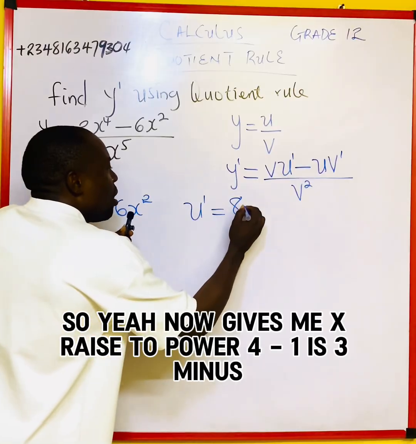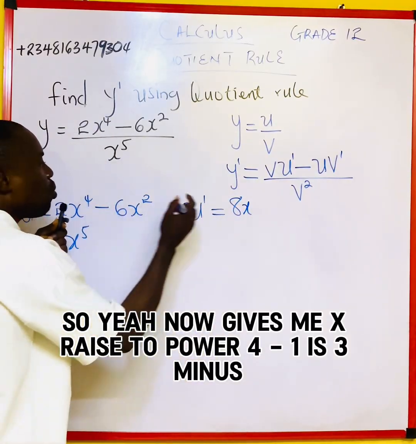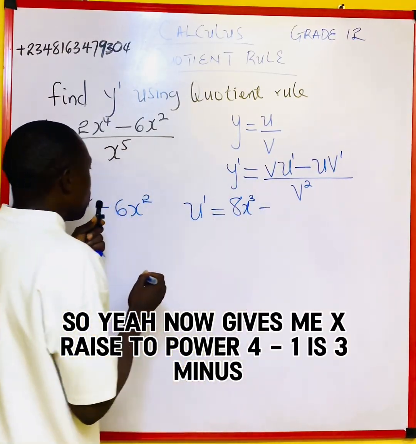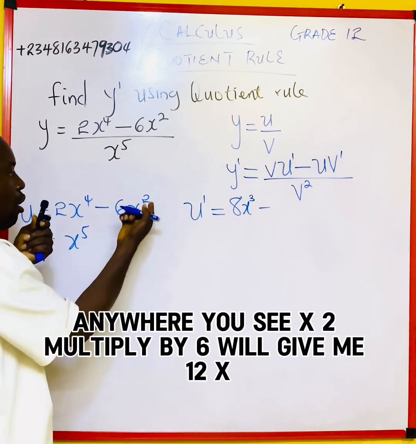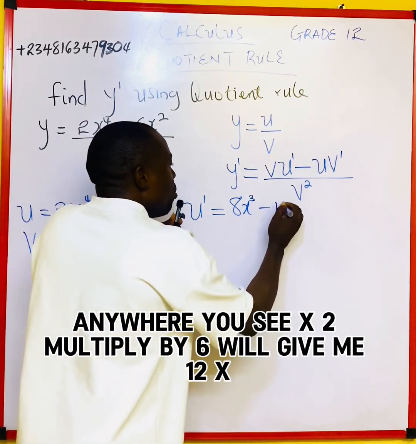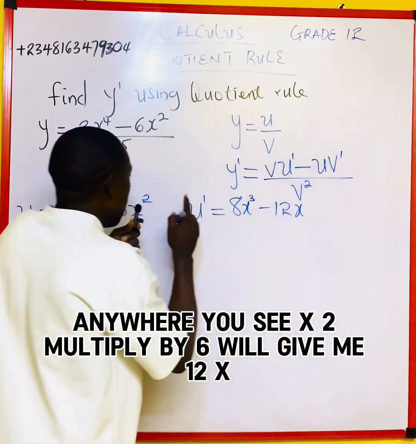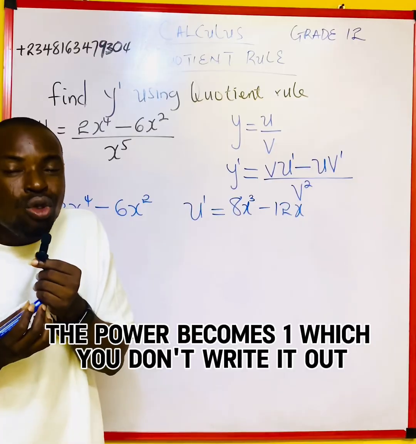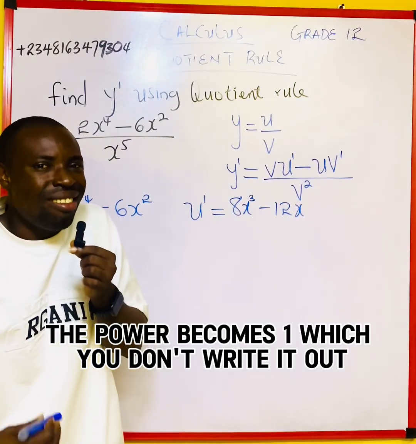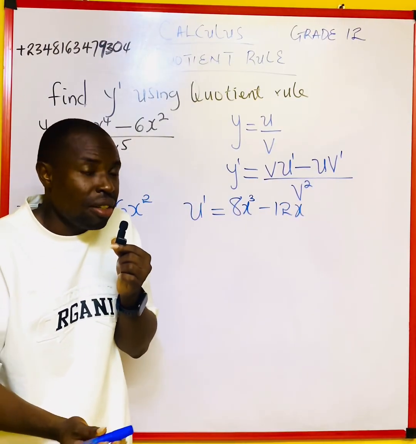So here now gives me x raised to power 4 minus 1 is 3, minus, of course, the rule also applies to this one too. Anywhere you see x, 2 multiplied by 6 will give me 12x. When you remove 1 from this 2, the power becomes 1, which you don't write out per se.